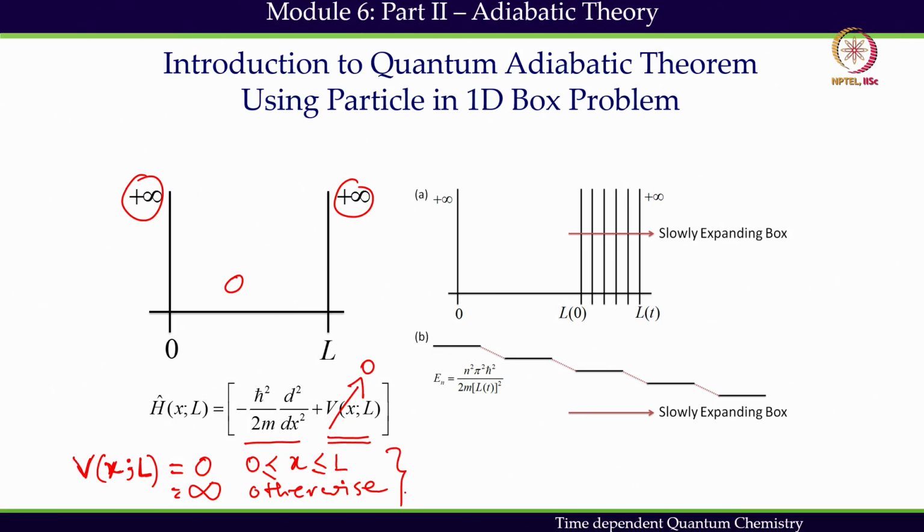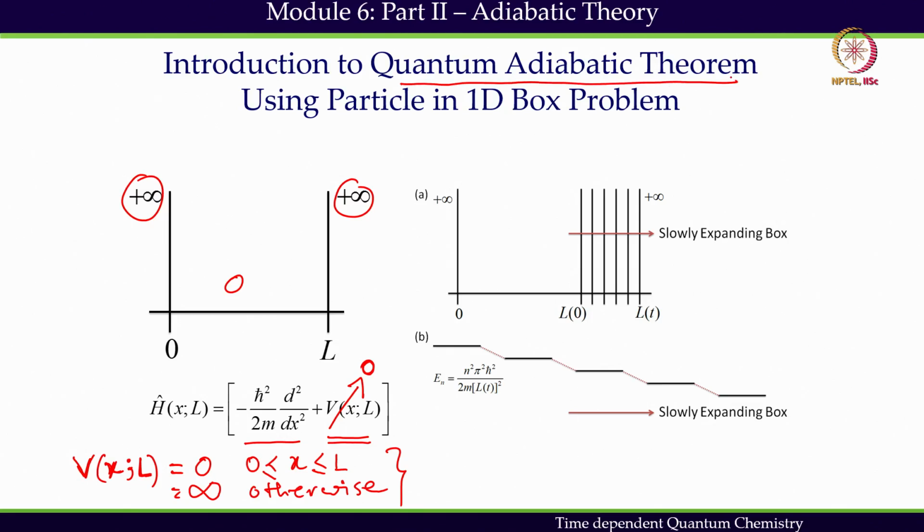So this is the definition we are giving. Popular quantum chemistry books, when they present the particle in a one dimensional box problem, directly take this V to be 0. We are also taking V to be 0, but we are explicitly writing it down to maintain the notational accuracy. These notations need to be clearly written to understand this quantum adiabatic theory.